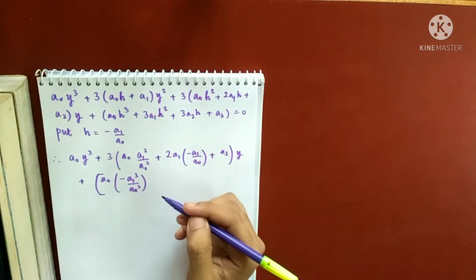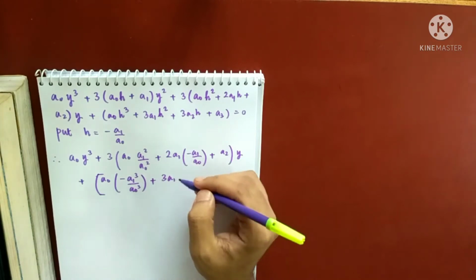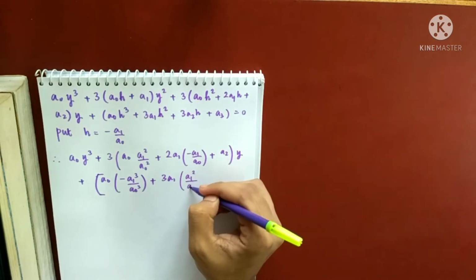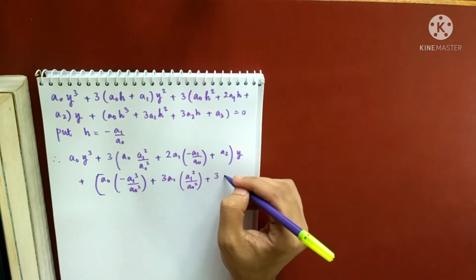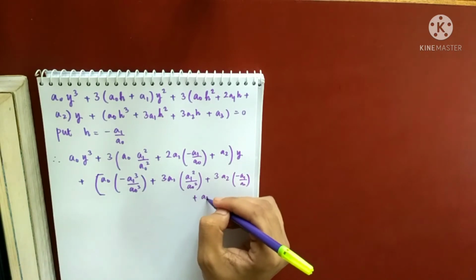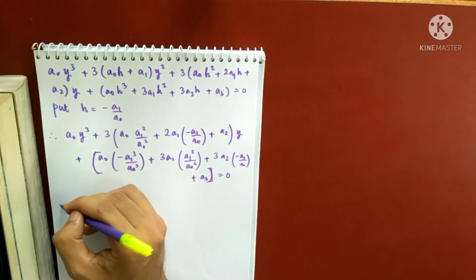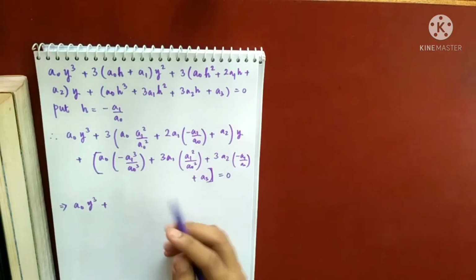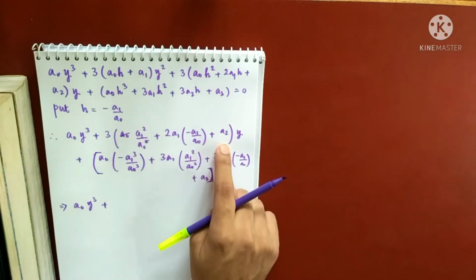so this bracket this time. Then 3a1 h square, h square is a1 square by a naught square, plus 3a2h, minus a1 by a naught, plus a3. Now let us simplify this and let's see what we are getting. So this is a naught y cube. So one a naught is getting cancelled. The LCM that I am getting is a naught.